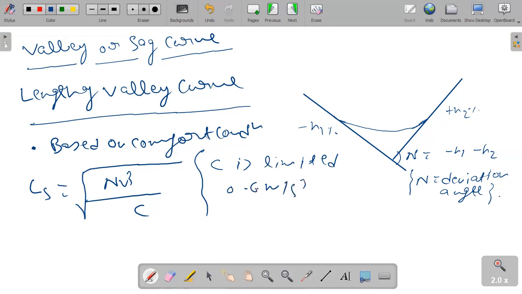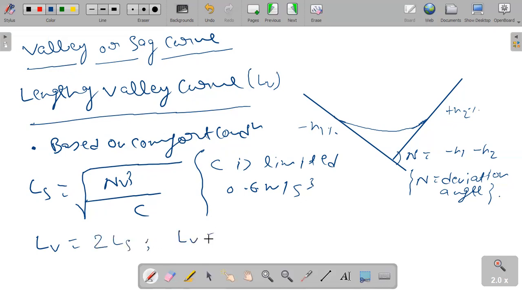Okay, 0.6 meter per second cube, and our length of valley curve, denoted as Lv, is equal to 2 Ls.